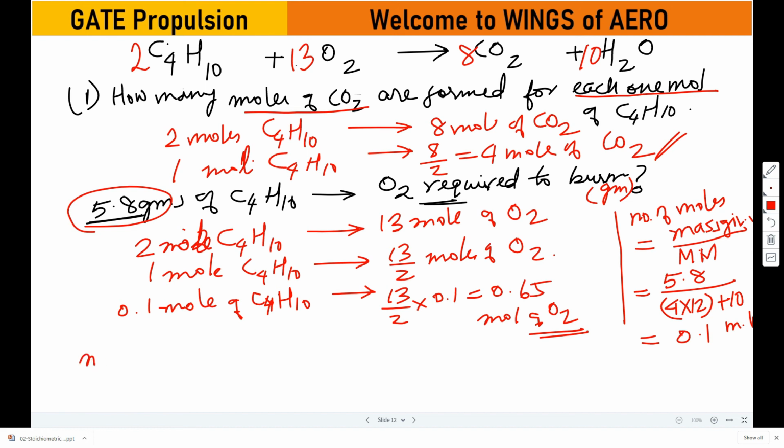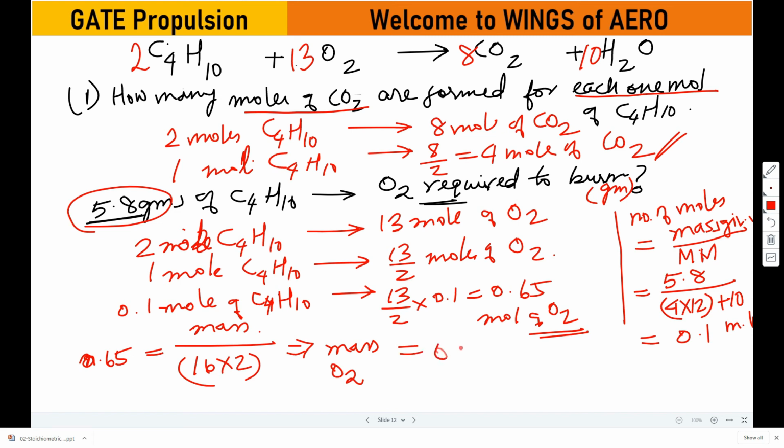The mass of oxygen required to burn is 0.65 into the molar mass of O2, 16 into 2, that is 32. Tell me the answer. 20.8. So 20.8 grams of oxygen are required to burn the gas.